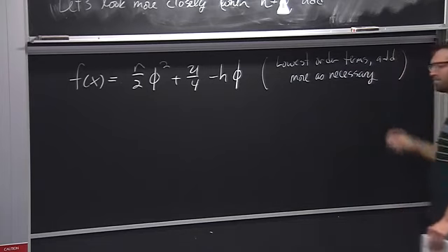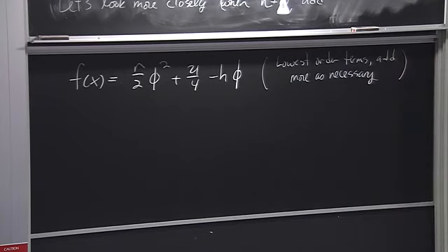What does necessary mean? Well, usually we need higher order terms in order to keep our function bounded or something like that. So it comes from some other physical principle.